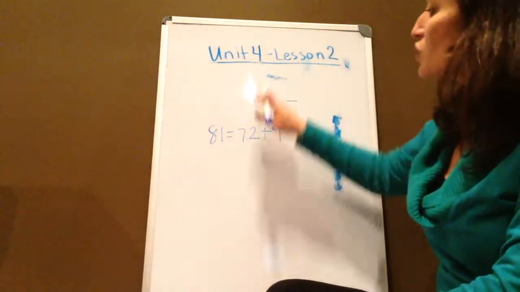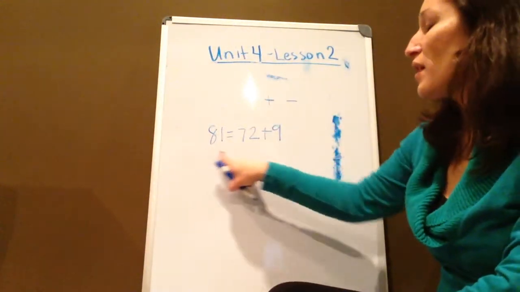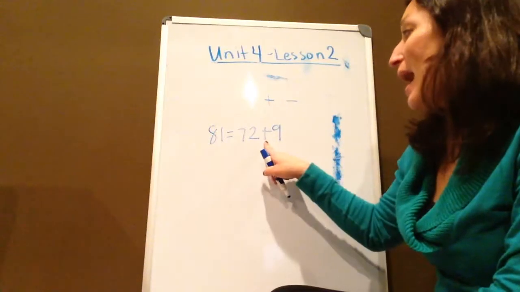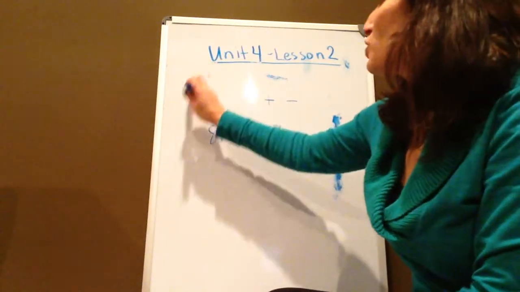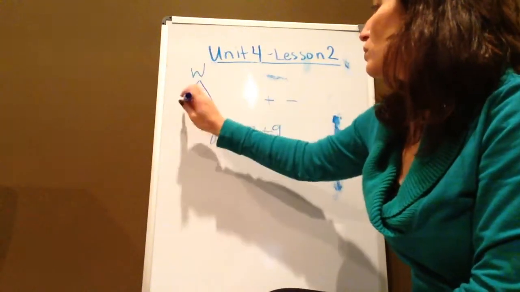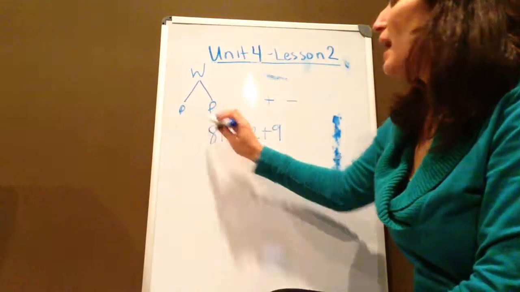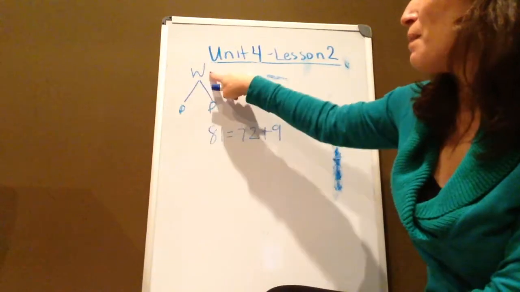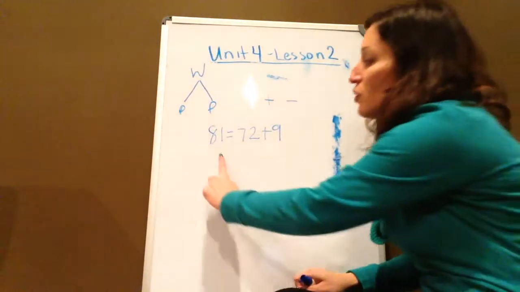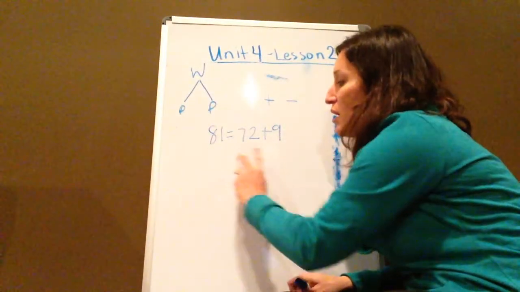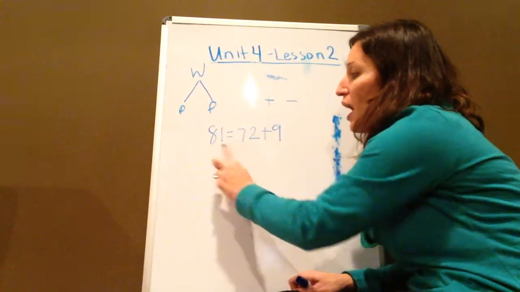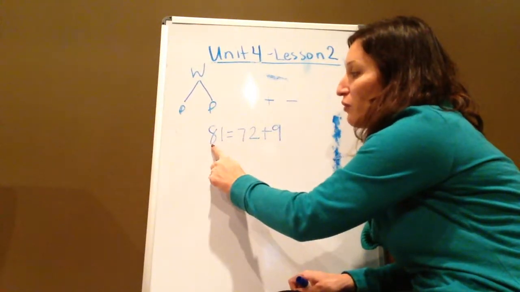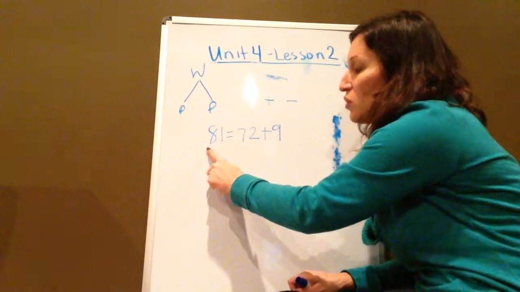Okay, so if we look at this equation, we can see that we're adding. We know from our picture that when we're adding, we're putting the parts together. They're the smaller ones. They go together to make a bigger whole number. So we know that this is my whole number, and these are my parts. I could write it this way with my whole number first, but see how it's on that side of the equal sign?